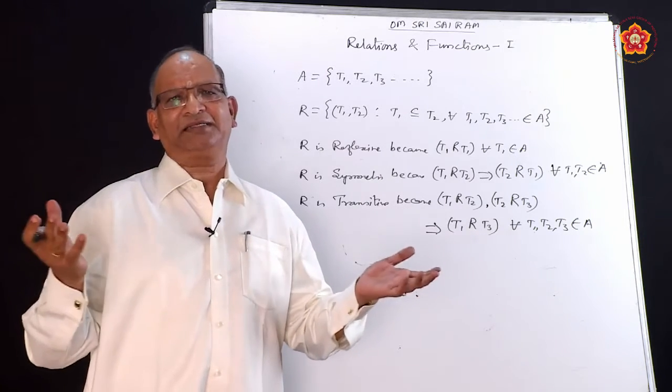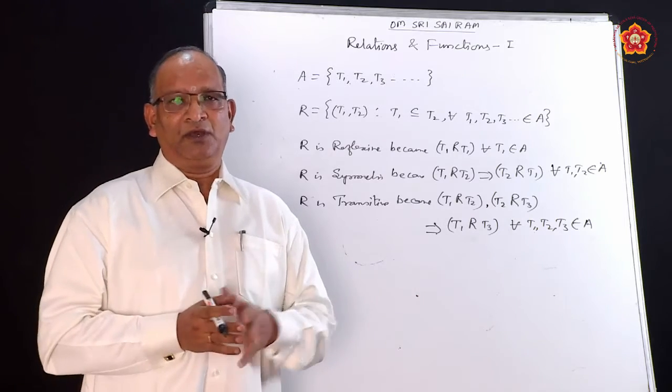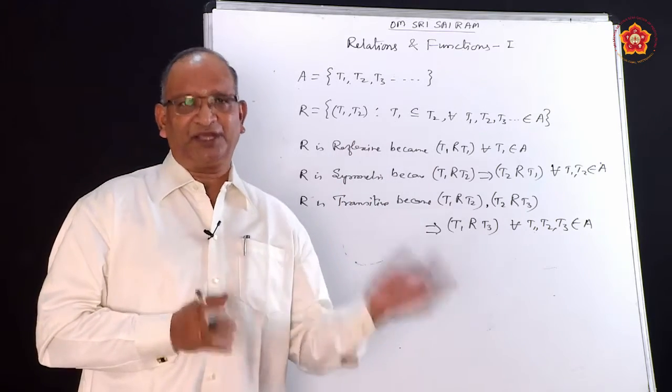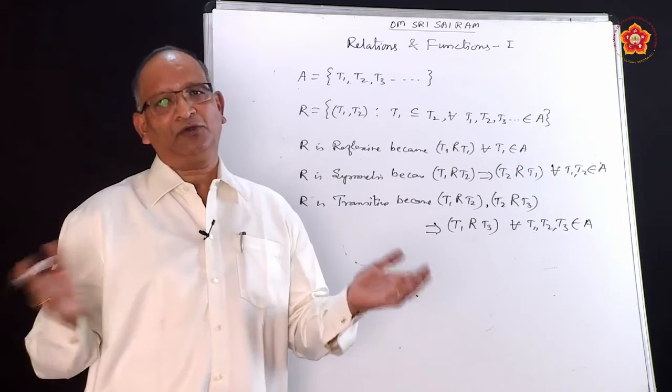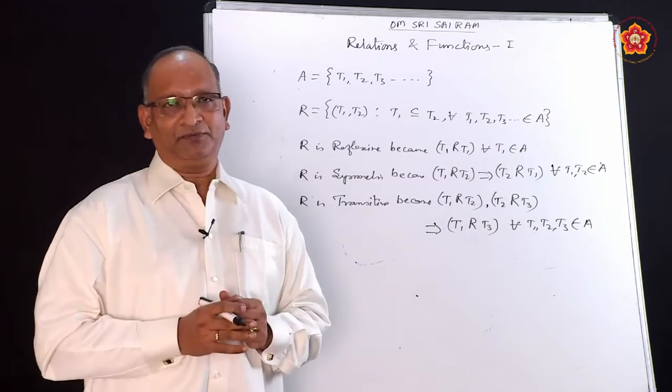Take some numbers, let us say 2, 3, 4. 2 is smaller than 3. 3 is smaller than 4. You can conclude that 2 is smaller than 4, transitive.